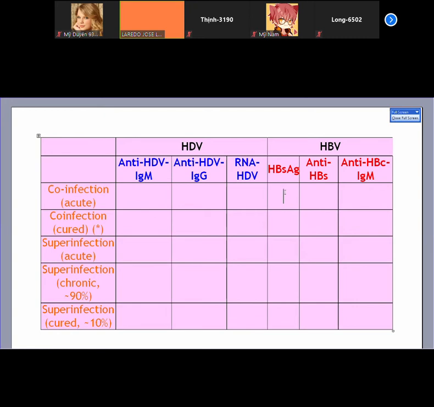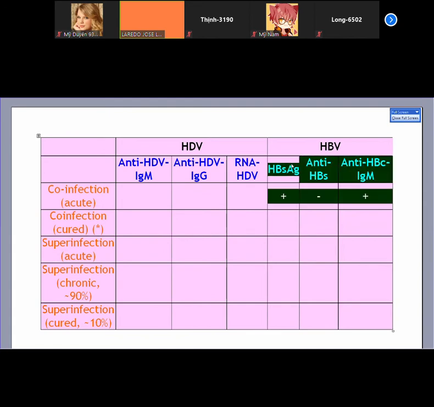This patient is currently infected by hepatitis B, so the surface antigen is positive. It's not protected, so antibodies against the surface antigen are negative. And this patient is in contact with hepatitis B virus, acute infection, so the IgM against the capsid is also positive. So these are the markers related with hepatitis B virus.